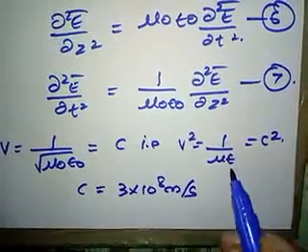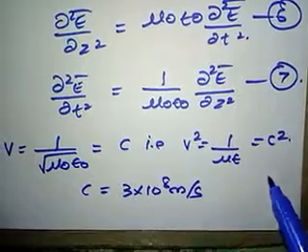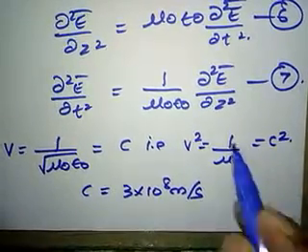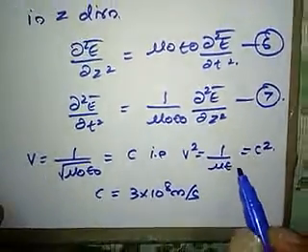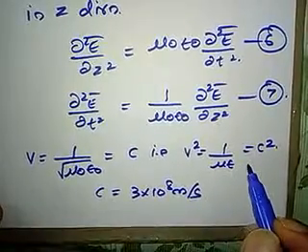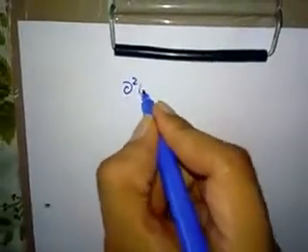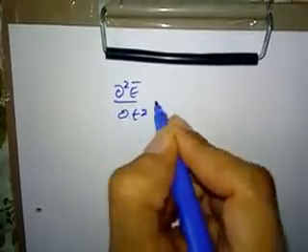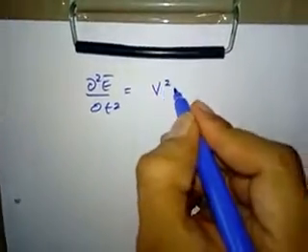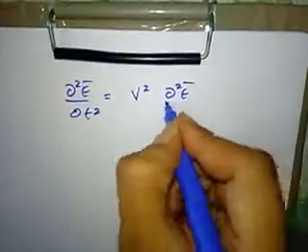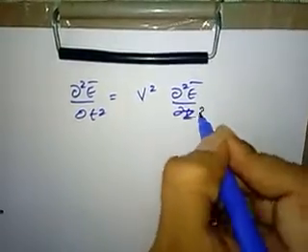Substituting V square is equal to 1 upon mu epsilon in the above equation, that is equation number 7, we get dou square E bar upon dou t square equal to V square into dou square E bar upon dou z square.